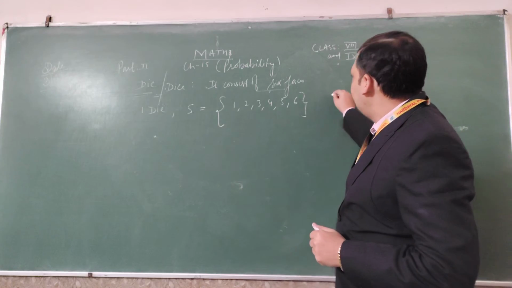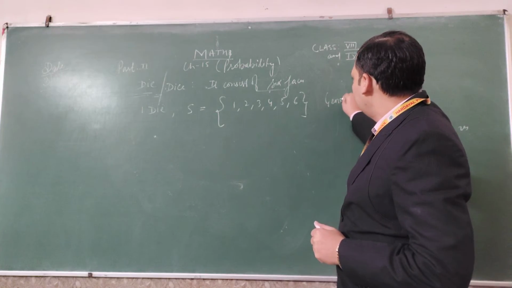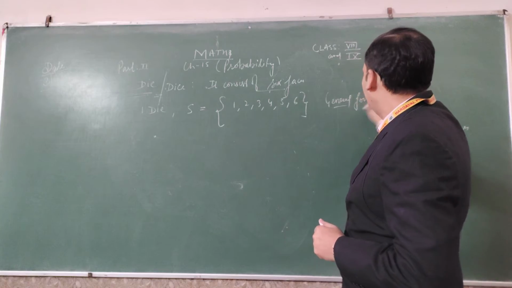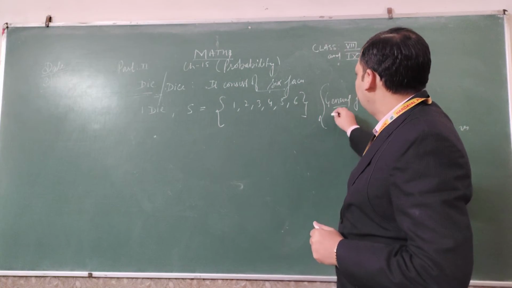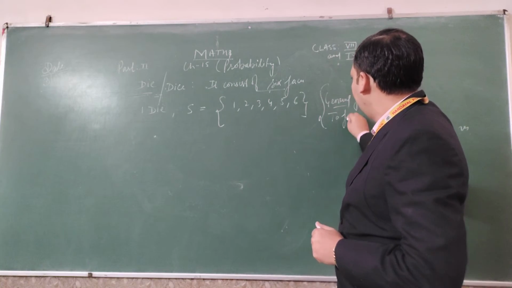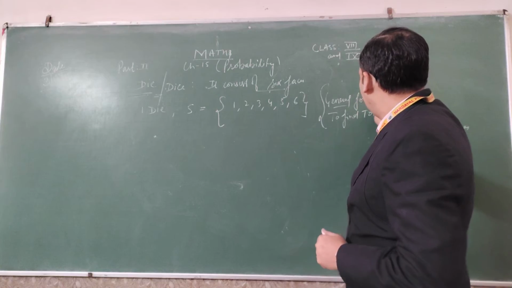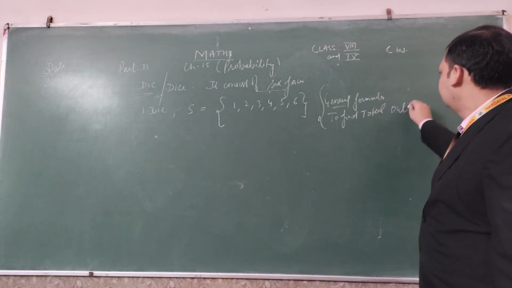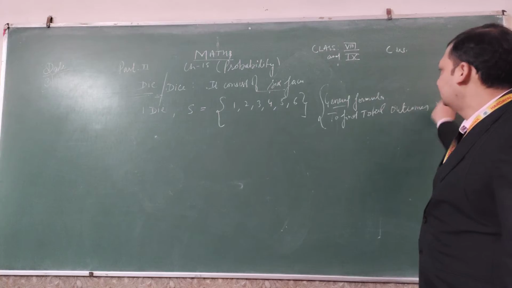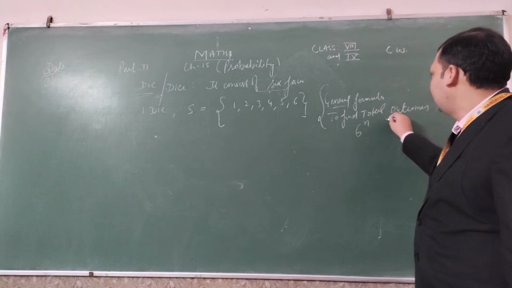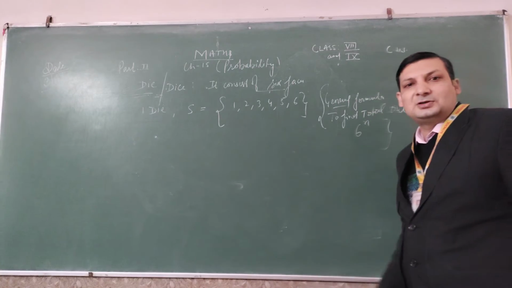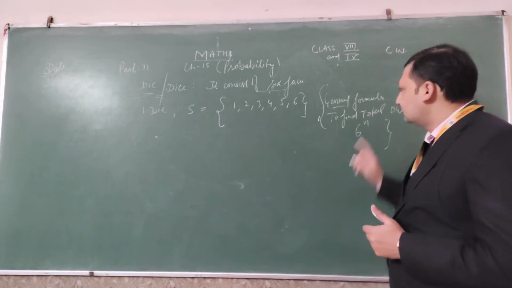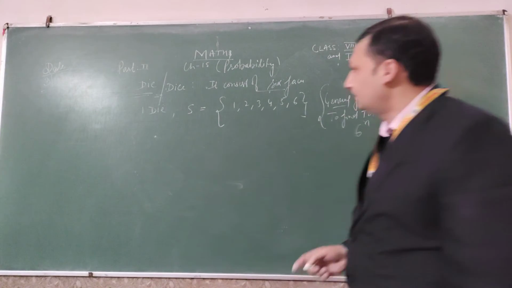We have also made a general formula to find total possible outcomes, that will be 6 to the power n. Because when we toss only one die, we get 6 outcomes.